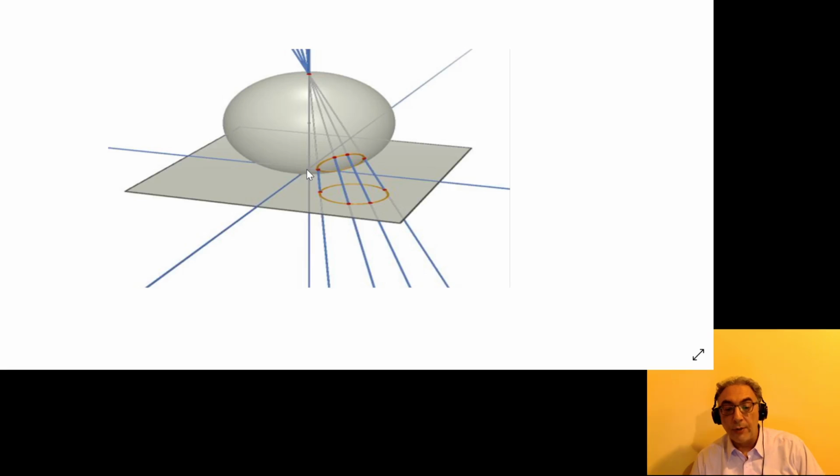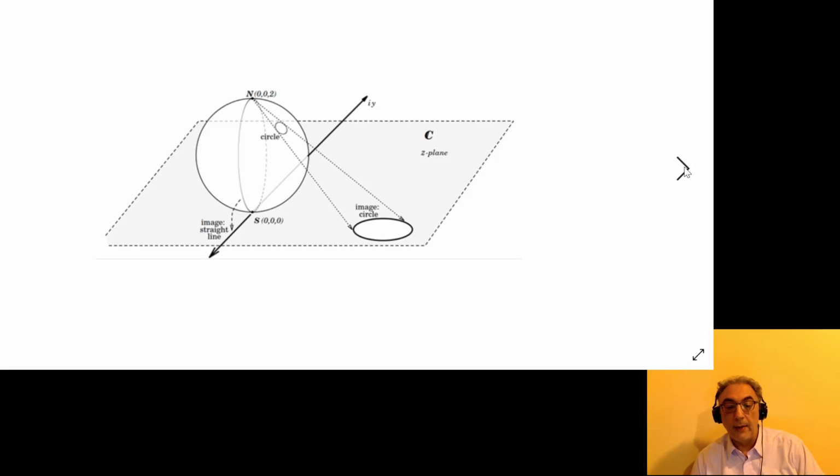But of course, we could consider light coming the other way around. So we could consider that light is coming from the south pole of the sphere, and in this way our screen, on which we record the stereographic projection through light, is tangent to the north pole of the sphere.